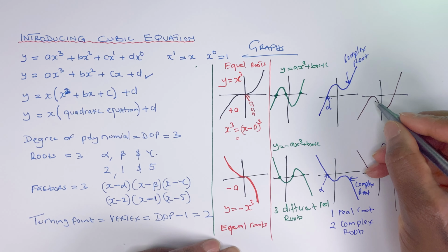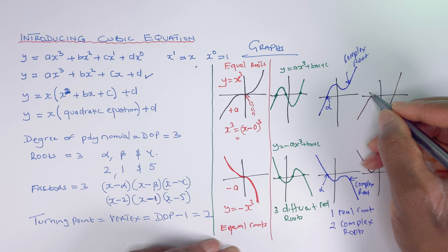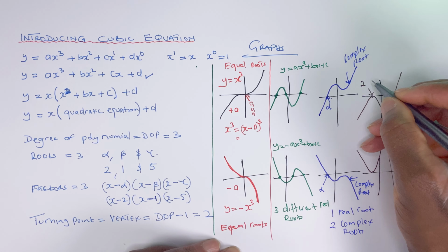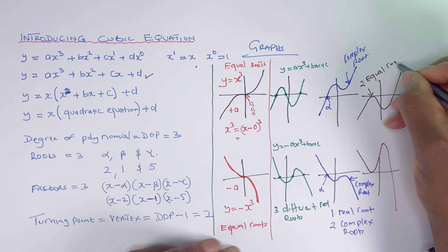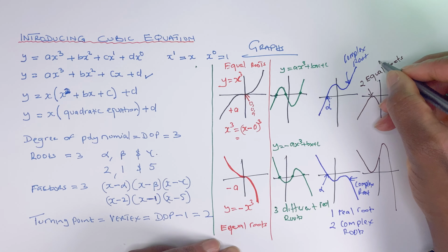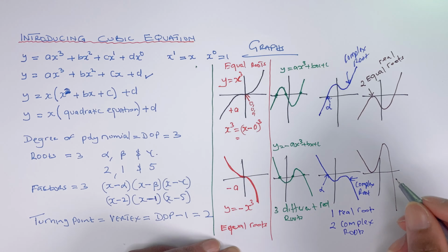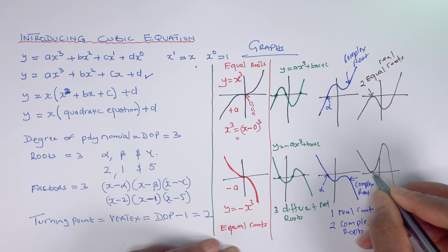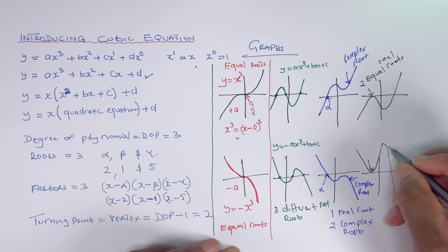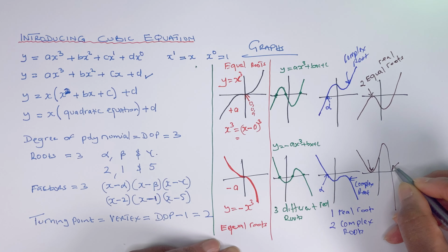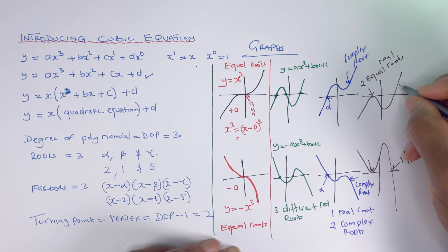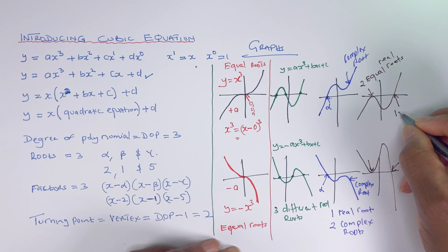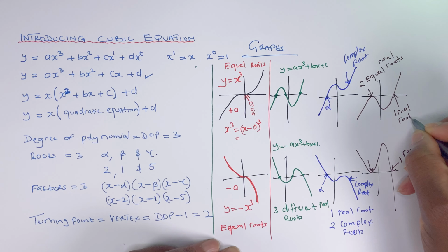So that one is 2 equal roots, but they are real equal roots. Likewise, that one too is equal roots, and that one is 1 real root, and that also is 1 real root.